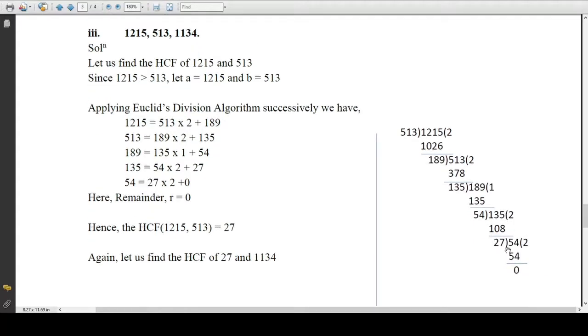And the last, 54 is equal to 27 multiplied by 2 plus remainder 0. Hence the HCF for the first two numbers is 27.